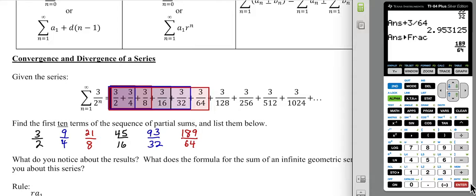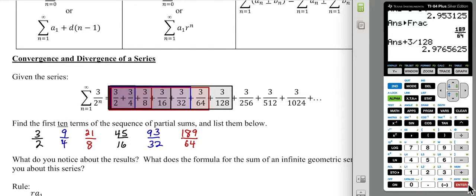But if you can figure out a pattern to help you there, then you can get to the end of the line a lot quicker. But not as quick as the rule that I'm going to show you in a few minutes.